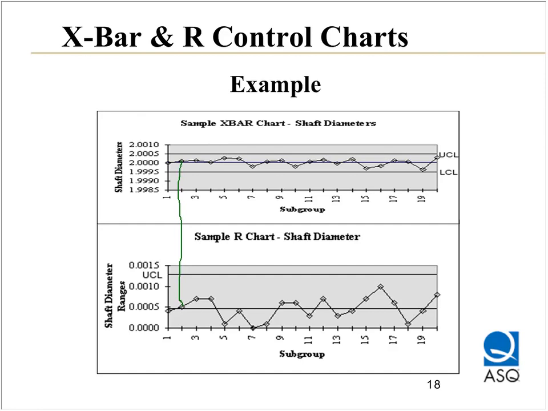And here we can see the difference between the highest value in that sample and the lowest value, and we plot that. And so you can see that you've got a chart of the averages and a chart of the variation around those averages using the X bar and R chart.